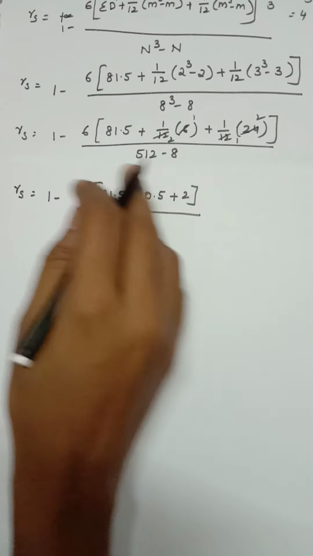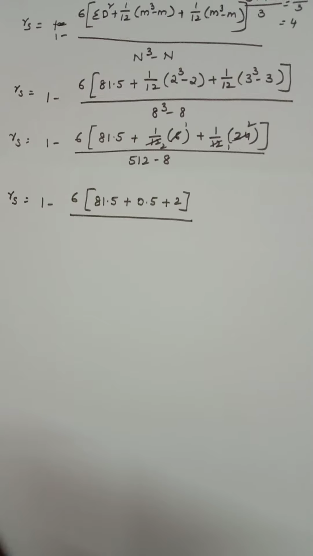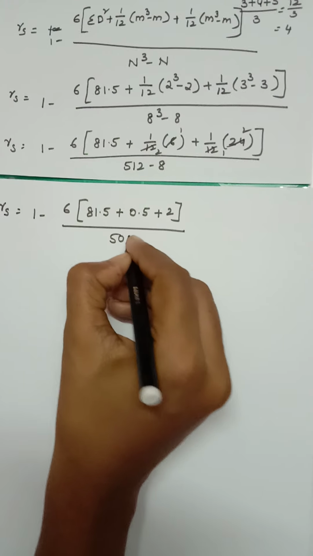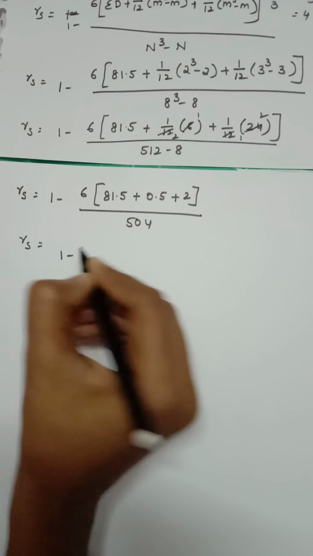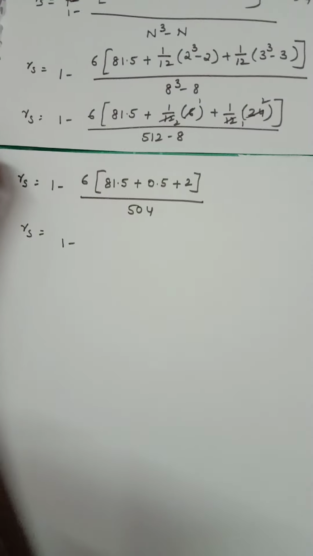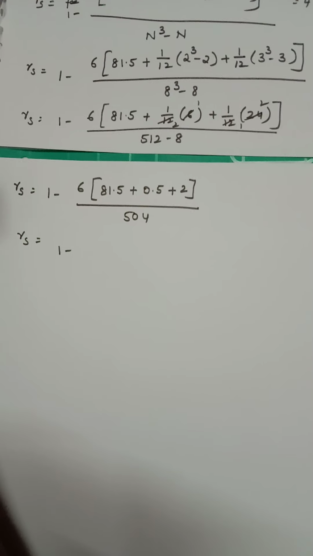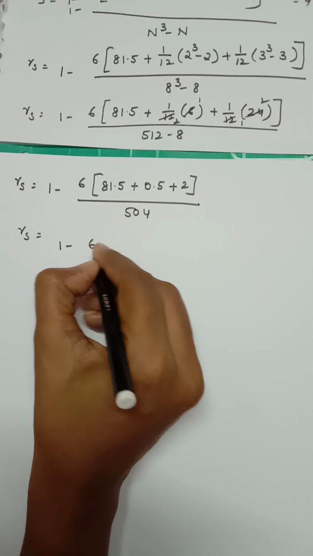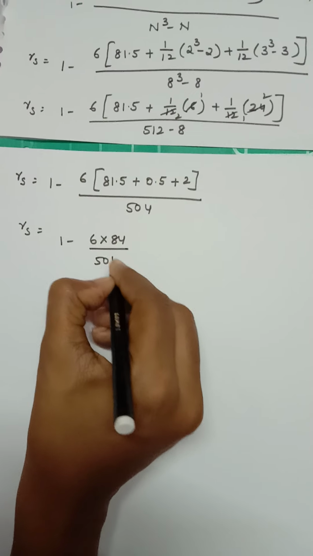And 512 minus 8 is 504. RS is equal to 1 minus 6 of, I will add all these: 81.5 plus 0.5 plus 2, so it is 6 into 84 divided by 504.